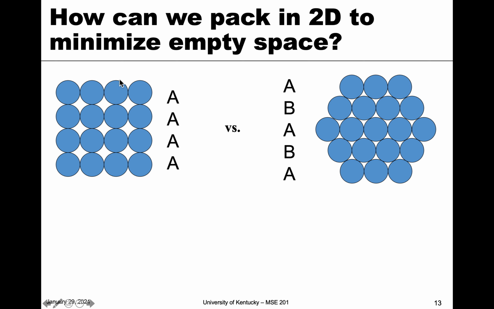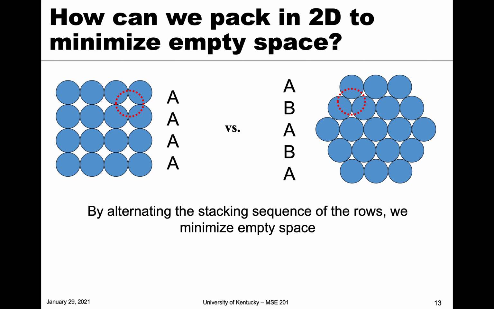Because we can now relate this to density in materials. This is relatively low density. This is a relatively high density material if we're looking at this two-dimensional structure. And so because of this, the alternating sequence is more efficient. It minimizes the empty space and therefore lowers the energy if we think about it in this way.